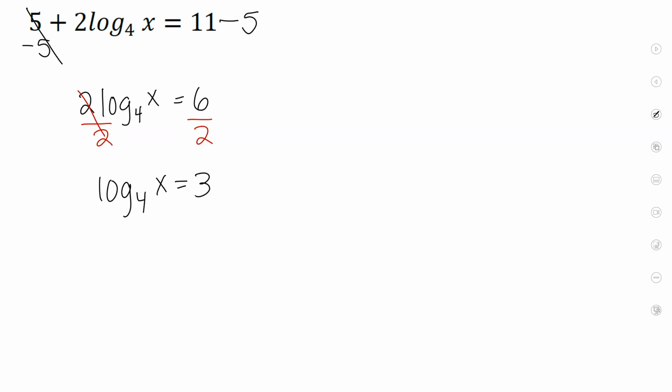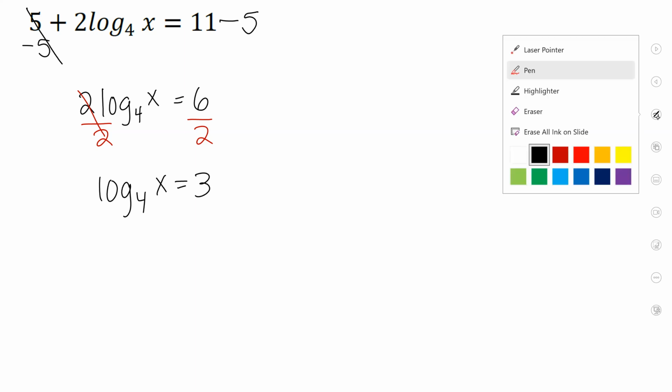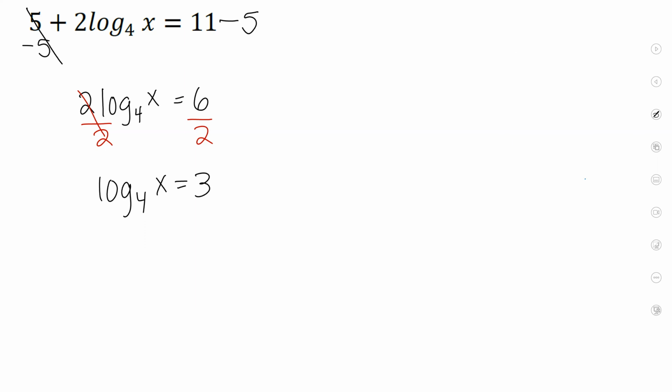Okay, now it's isolated. Do you guys have an idea of what I'm going to do next? What's my base? Everyone write that down. Draw an arrow. This is base 4. So if my base is 4, you're going to raise it as an exponent, and you're going to use base 4.